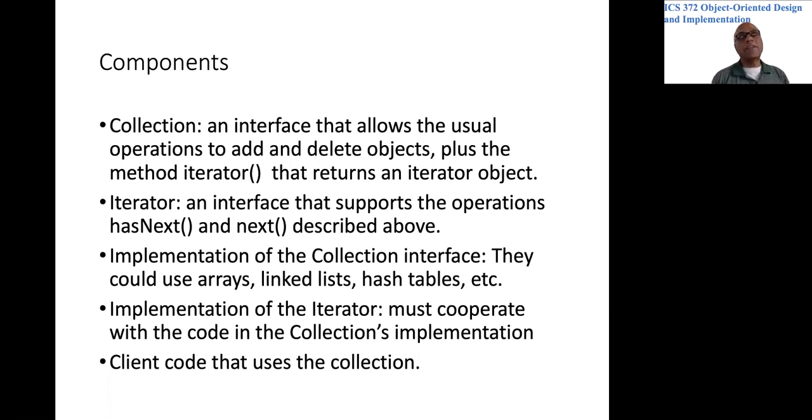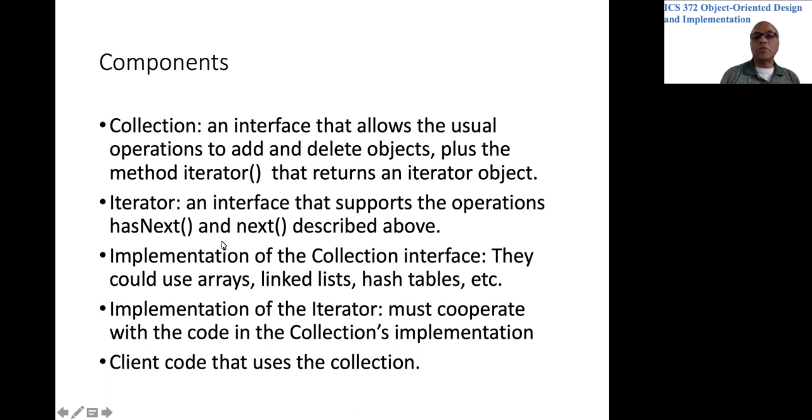So the iterator is a third object, different from the collection, different from the client. It is something that a client asks a collection for. Every collection is supposed to be delivering an iterator on demand. And that iterator has specific methods that never change.